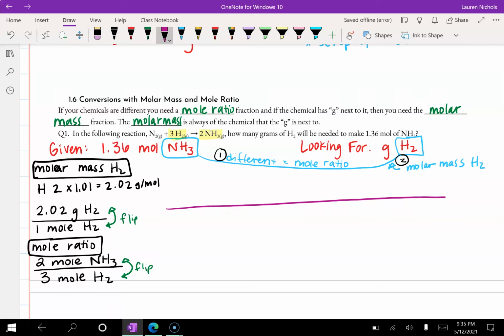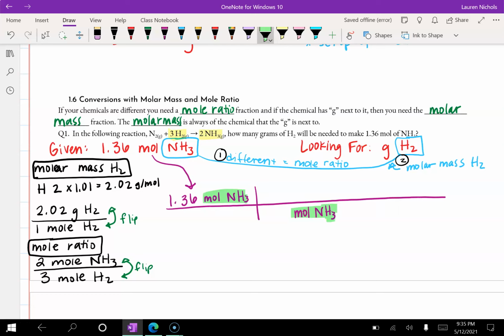So when we set up our T-chart, we always take what's given and we put it in our chart first. So we have 1.36 moles of NH3. And whatever we have here has to show up at the bottom. So I have to have a fraction that has moles of NH3 at the bottom.